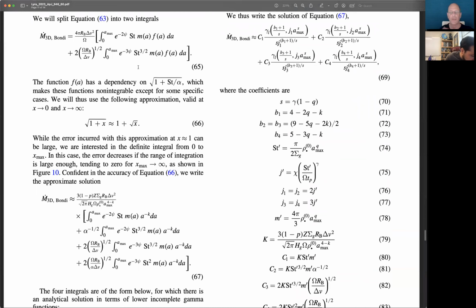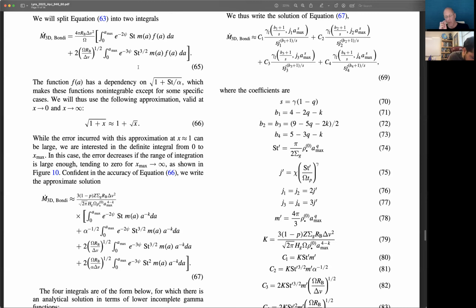Because there is no analytical solution for this, that's when you had to do the approximation. If you go to equation 65, right? So splitting that integral into two integrals. Now, one thing that you notice is that this function f, I'm showing that without actually saying what these distributions are.